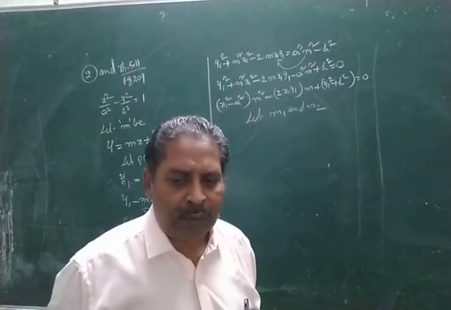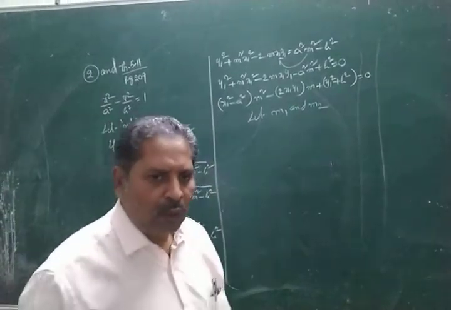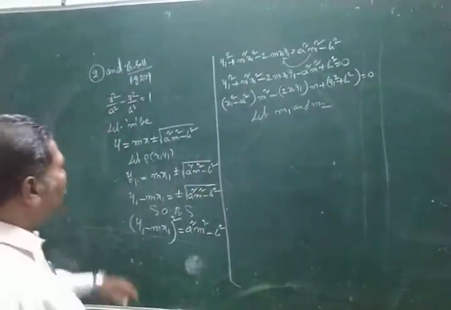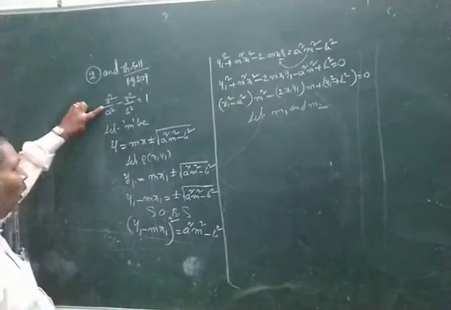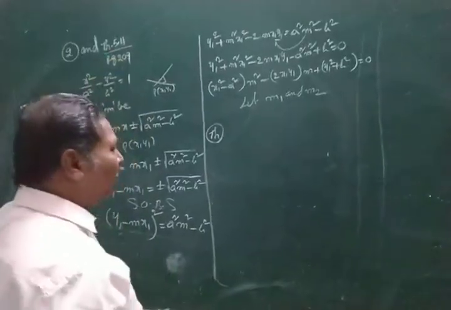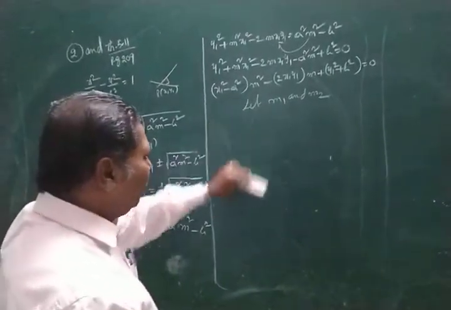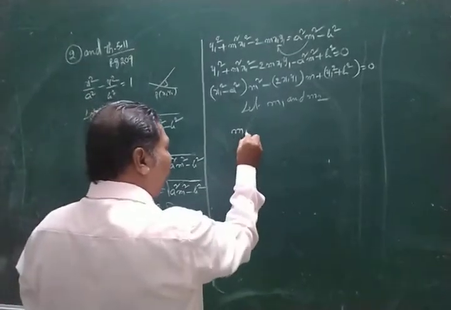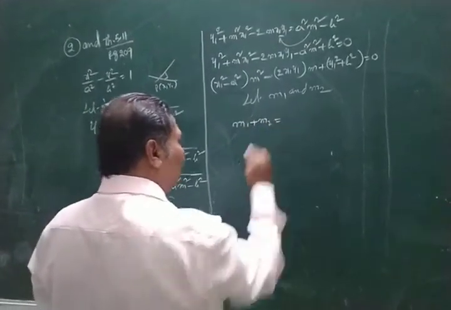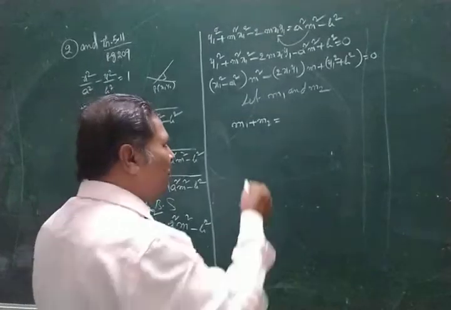All of you listen. This is the hyperbola given. Say what are the sum of the slopes?